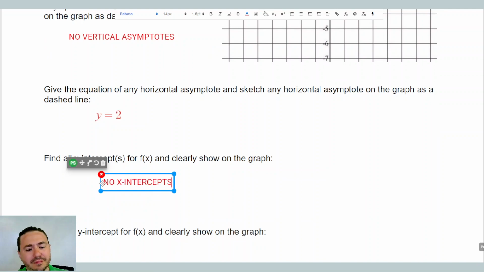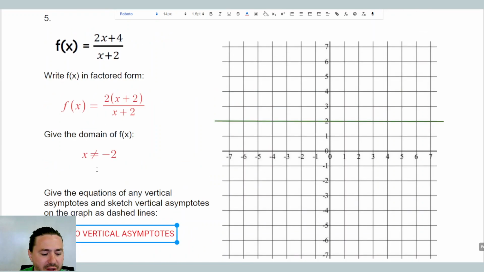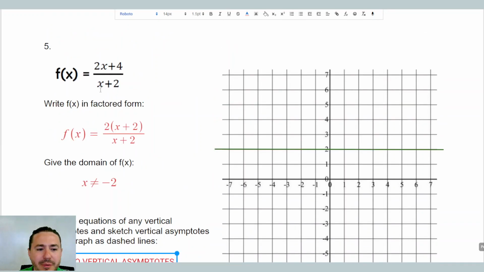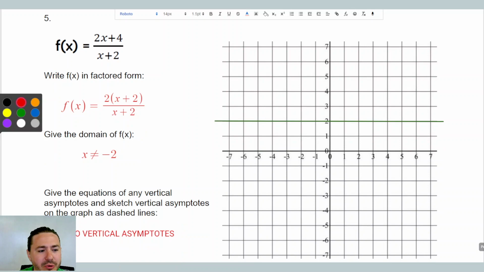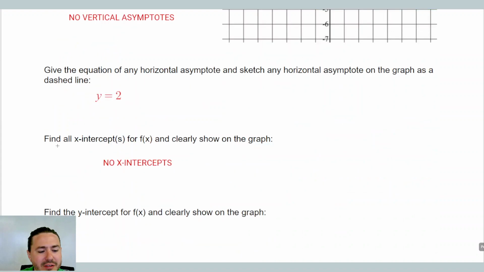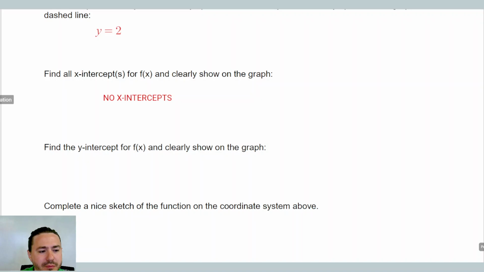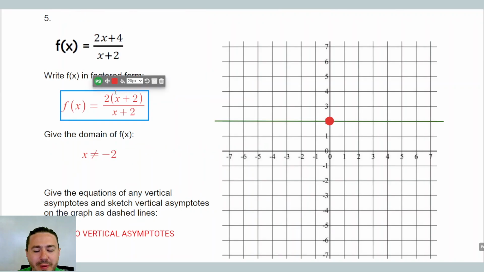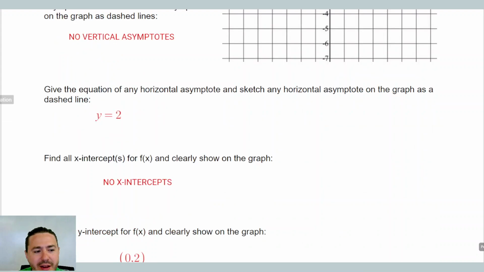As far as the y-intercept is concerned, if we plug in 0 up here, we're going to get 4/2, which is 2. So it's kind of weird, maybe not what you were expecting, but we do actually get a y-intercept of 2 here. So (0, 2) is the y-intercept, and then it just says, hey, go ahead and sketch the function. You might be thinking, wait a minute, what is happening here? We do have a hole at -2, so let's generate our hole equation. I think that might help to figure out what is actually going on here.